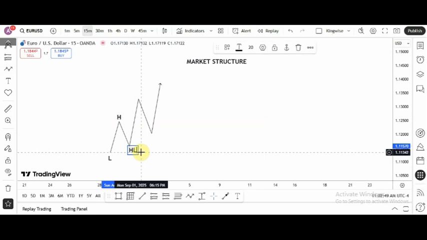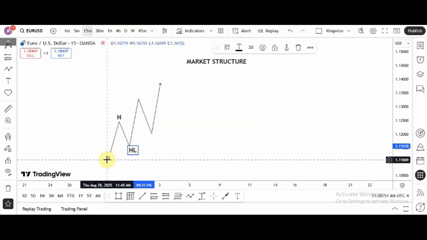We call it higher low because it is higher than this previous low.